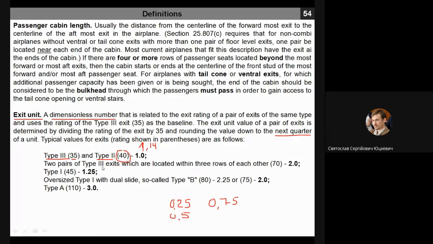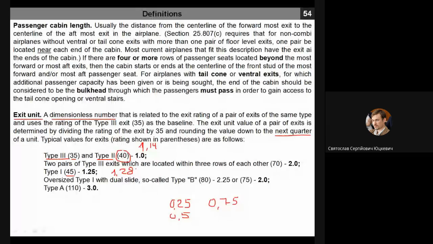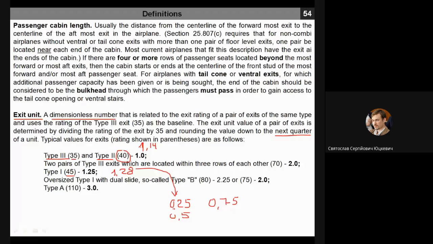Example, here we have for type 1 1.28. So we will round down it to the nearest quarter. It is 0.25. So it will be exit unit 1.25.